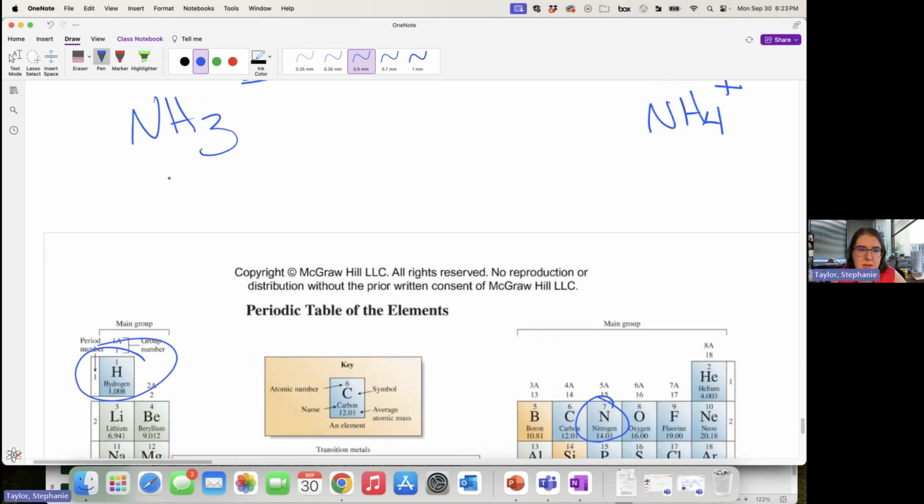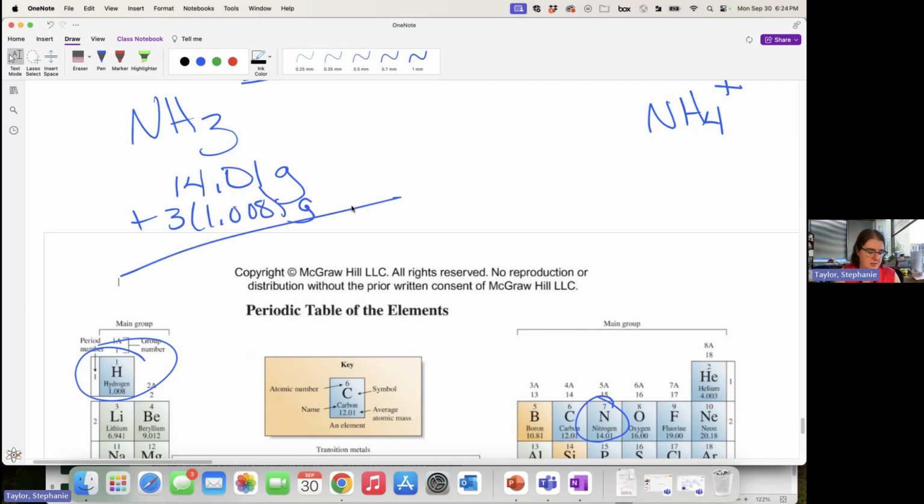So ammonia has 1 nitrogen at 14.01 grams plus 3 hydrogens at 1.008 grams each, which means this whole thing is 17.034 grams. Oh, all these are grams per mole. So this is my molar mass.